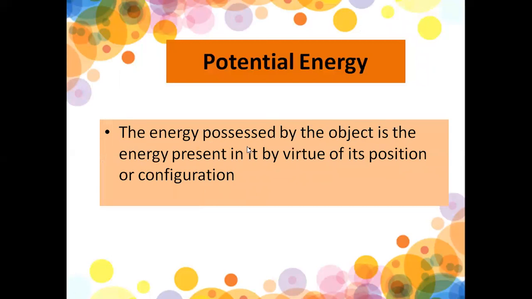It will be the energy which is possessed by the object by virtue of its position or configuration. So potential energy means the energy that the object has because of its position or configuration, that we call potential energy.